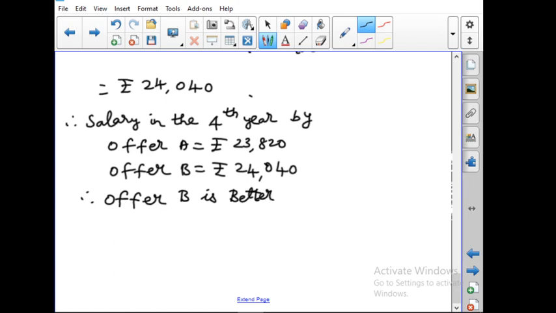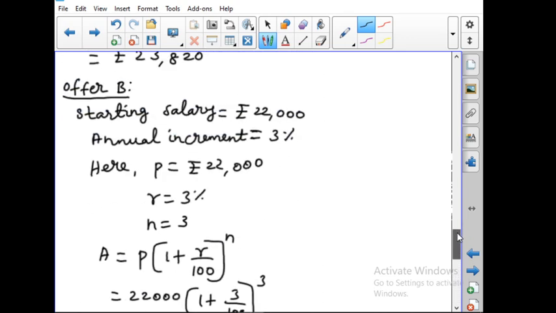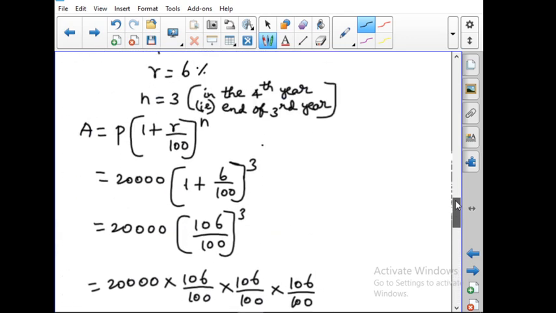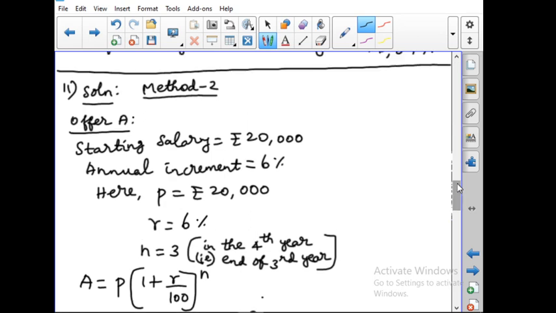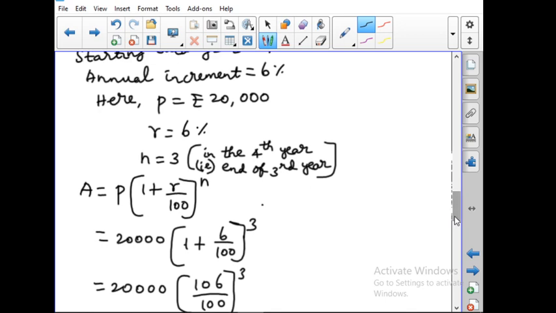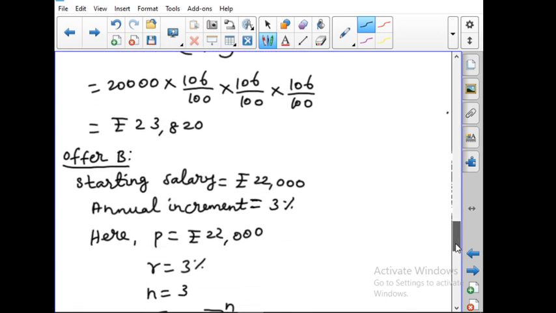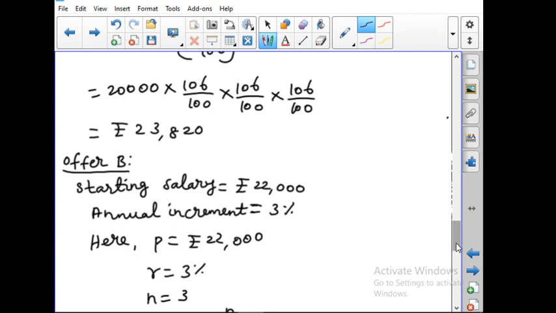One second, you have to see that problem. In this problem, they have given one company, with two offers. The first one is 20,000, annual increment is 6%. So we can use the formula and get the end salary as rupees 23,820.